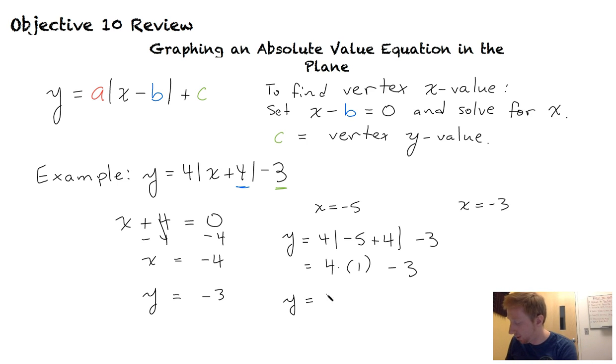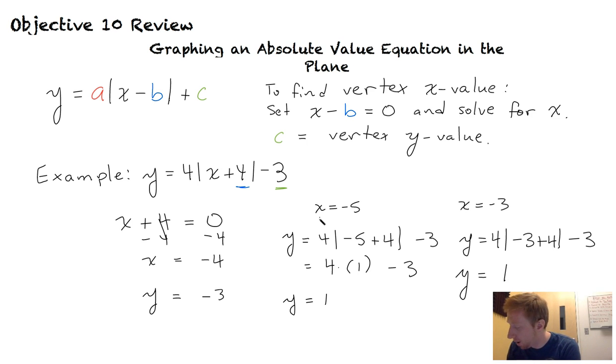So we have y equals 1. Then, for x equals -3, we'll have y equals 4 times the absolute value of -3 plus 4, minus 3. -3 plus 4 is equal to +1, and we have 4 times 1 is 4, minus 3. So y equals 4 minus 3 equals 1.